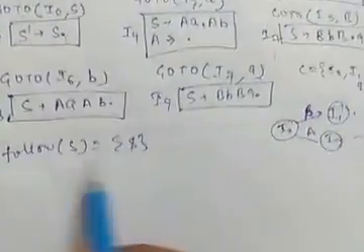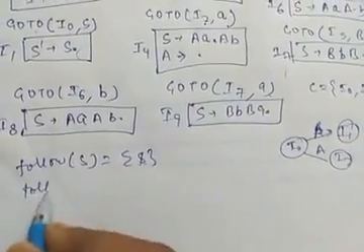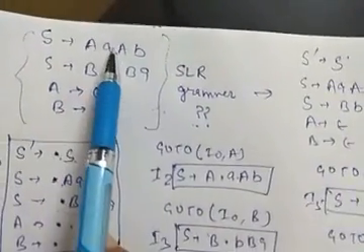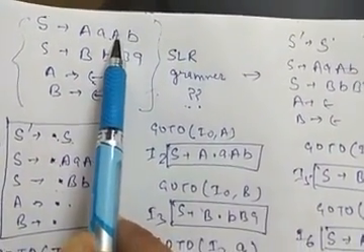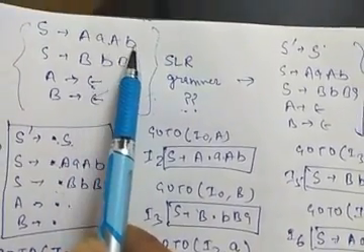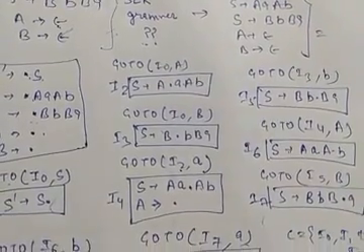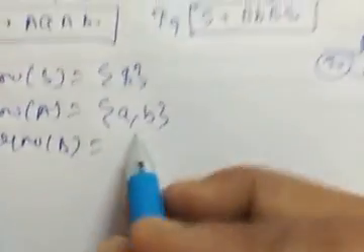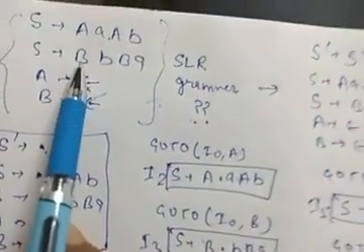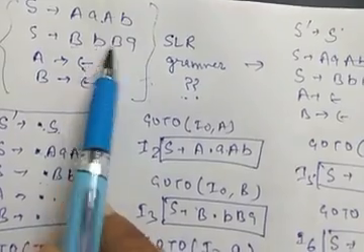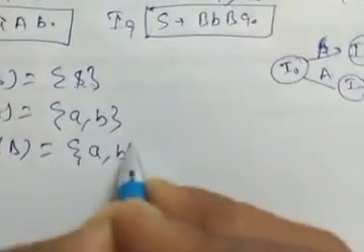Follow of A, by this grammar, is A and B, since after A comes B. Follow of B is calculated here, where after B comes A, so follow of B will be A and B.